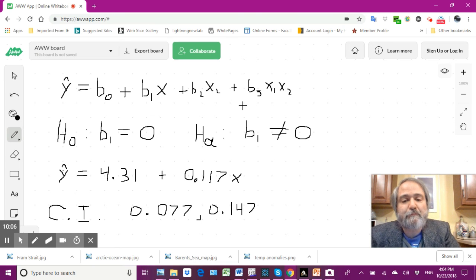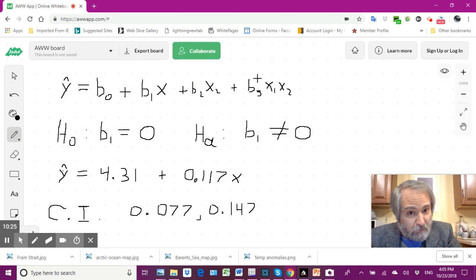So let's say you run a test on that and you find that this is significant. Then this becomes part of your model. That means there is an interaction between the independent variables that is helping to shape the response of the dependent variable.